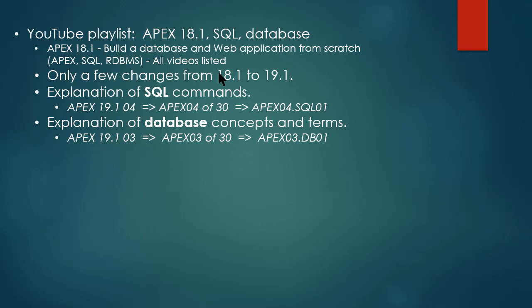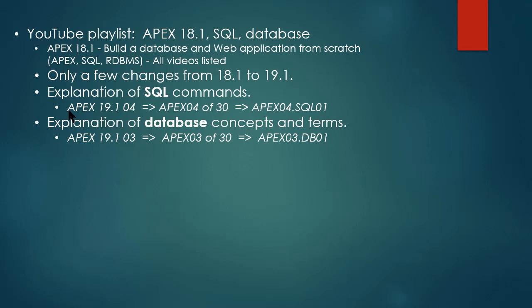So you can go to 18.1 and look at video 5 and you will see essentially what I show you in 19.1. But more importantly, if there's some SQL that I've used in a video, then I may have a corresponding video about that SQL.